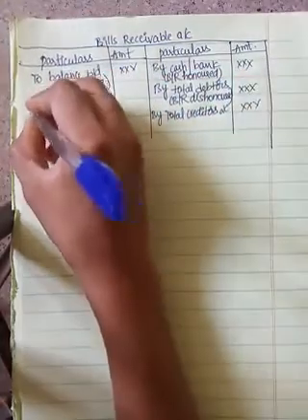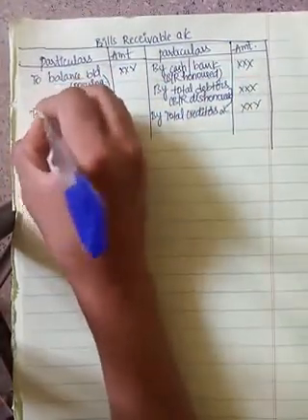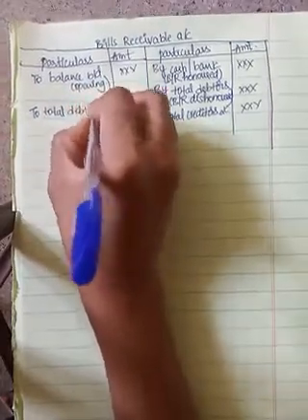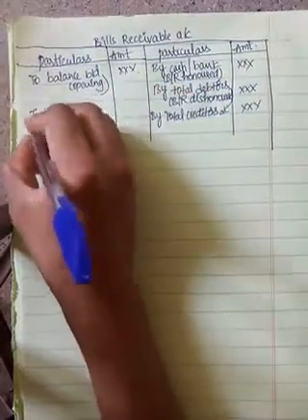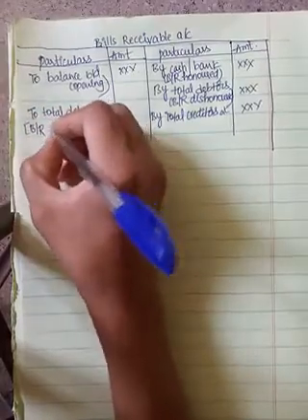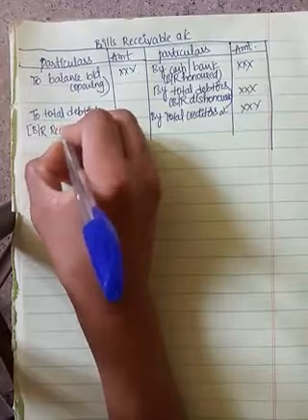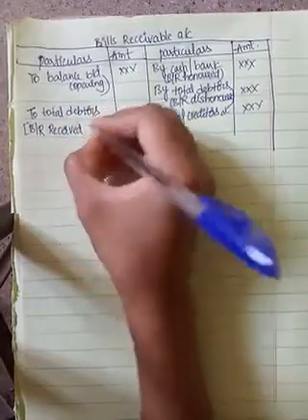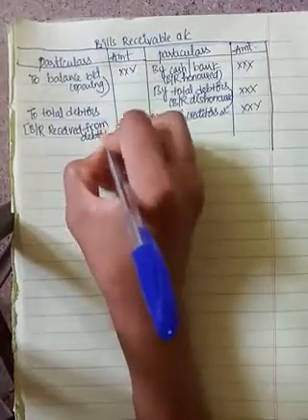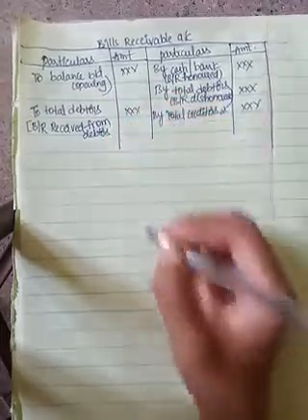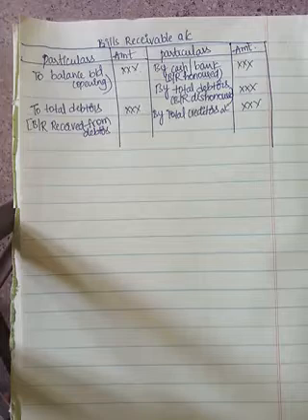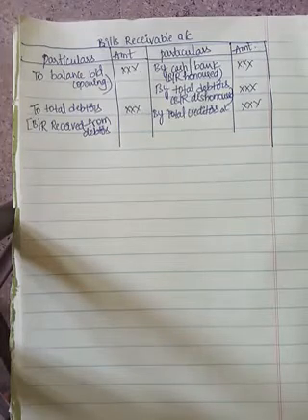Next is to total debtors, bills receivable received from debtors.